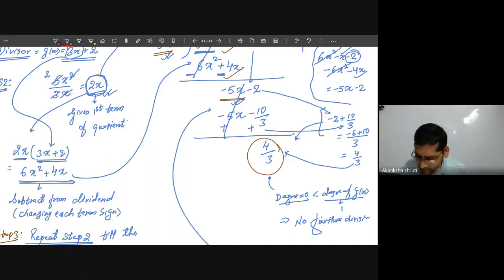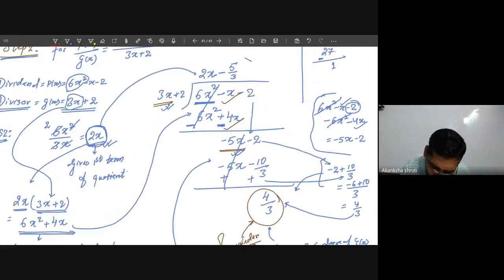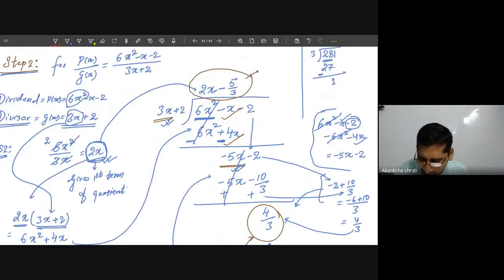So whatever we have lastly obtained is called the remainder, R of x. Very good. And whatever we have obtained at the top is called the quotient.